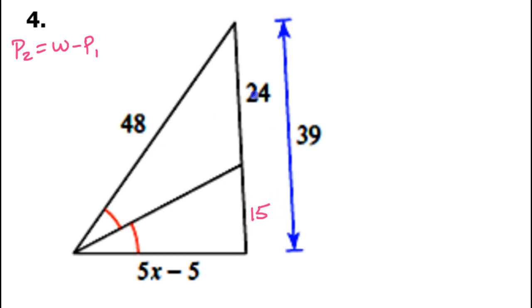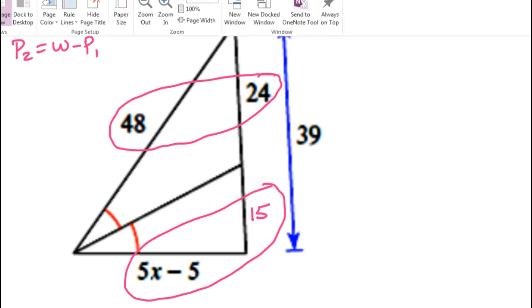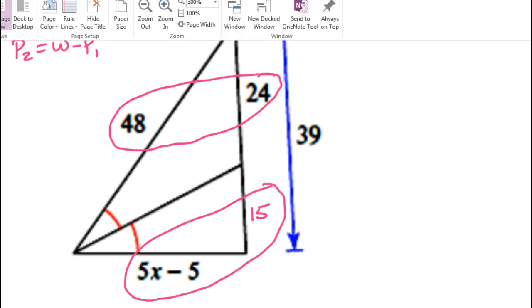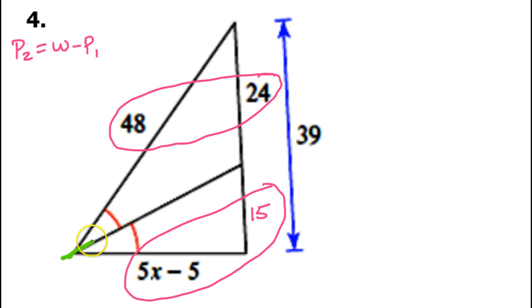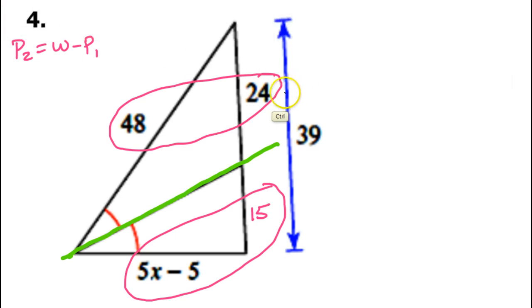Okay, so now I can do the angle bisector theorem. I'm going to make a fraction out of these two, and I'm going to make a fraction out of these two. Notice again that the two fractions are separated by the angle bisector itself. So that's how you know which numbers to put together in your fraction.